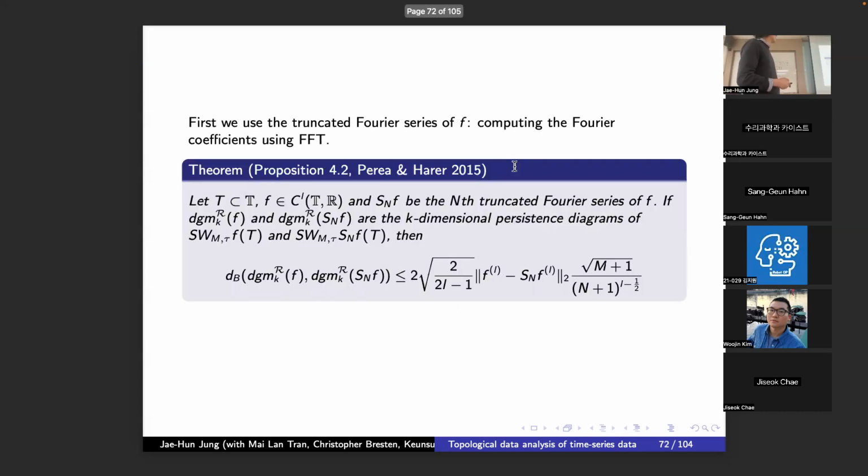Let me explain this one. We try to use FFT. FFT is faster. So is it possible to use FFT to compute this homology? First of all, we took this theorem from Perea and Harer. Even if you are using a truncated Fourier, it's okay, as long as you have a large n and this is bounded.